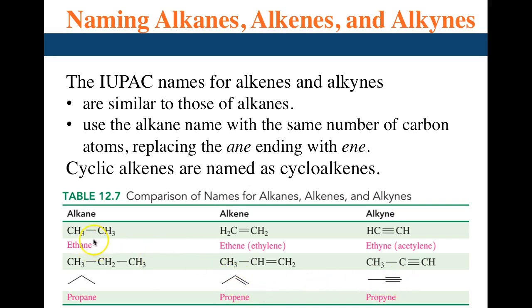So comparing ethane, ethene, ethyne, their common names are given, ethylene and acetylene. And if you have 3 carbons, it's propane, and then propene, because the double bond is always going to be between carbons 1 and 2, even if it was over here. And then propyne, again, you don't have to give it a location when there's just 3 carbons.